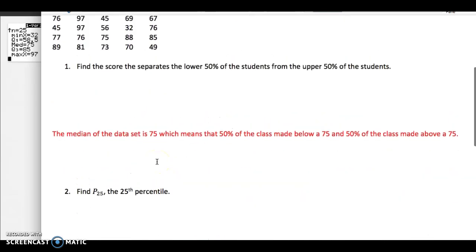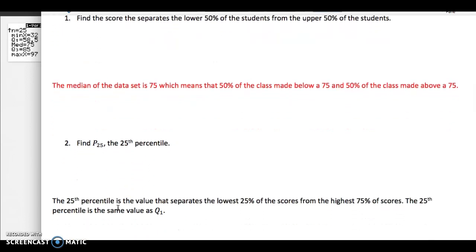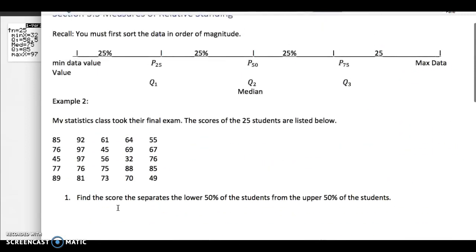Second question, find the 25th percentile. Well, the 25th percentile is a value that separates the lower 25% of the scores from the highest 75% of the scores. The 25th percentile, remember from up here, is the same number as Q1. The calculator gives us Q1 and Q3.